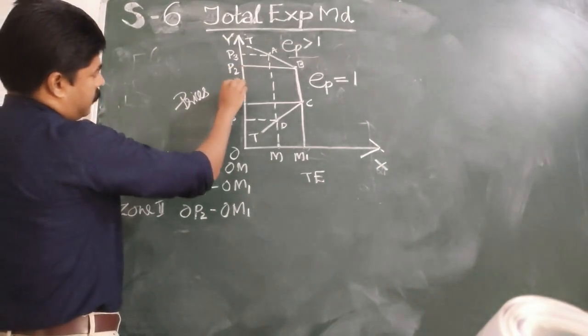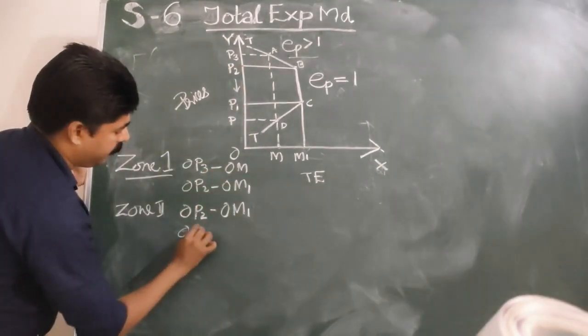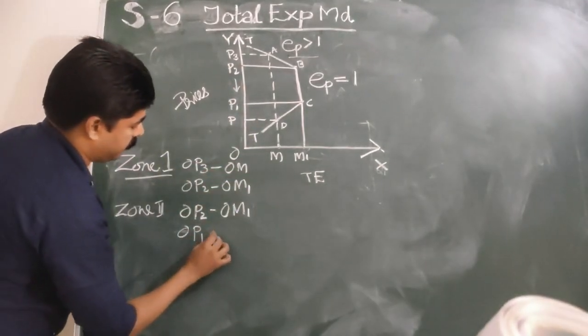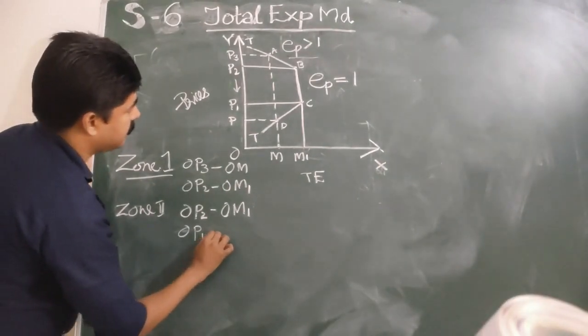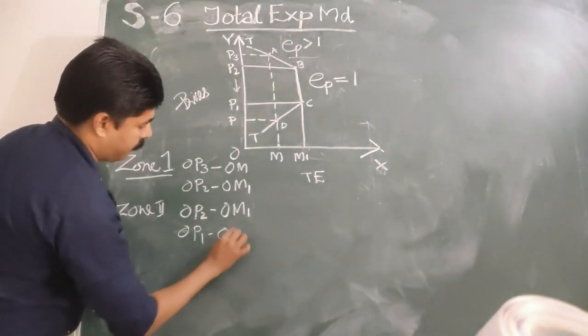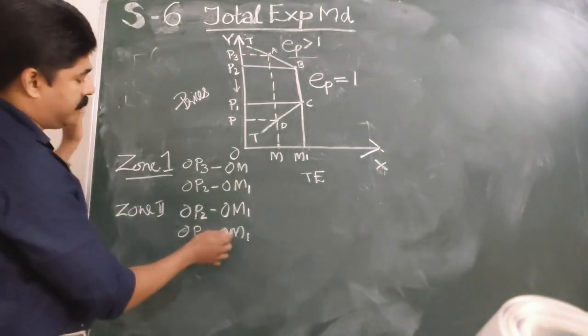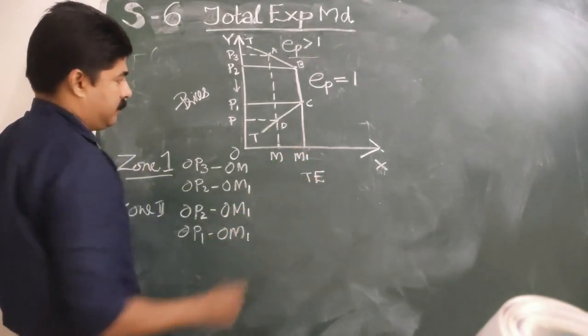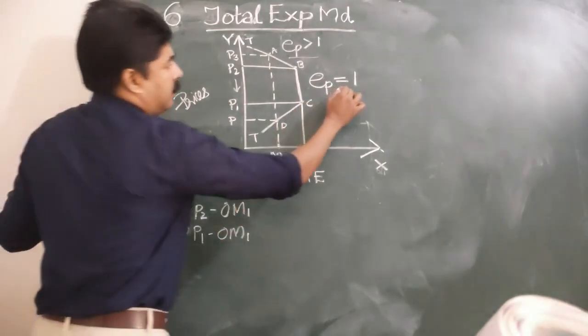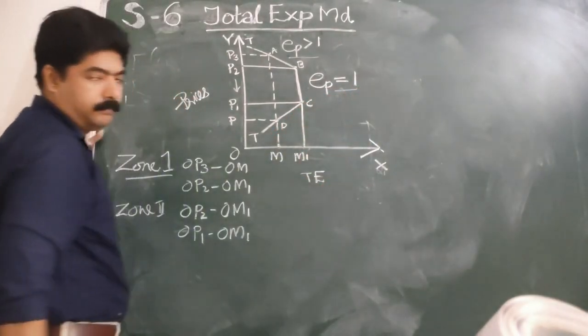When the price falls to OP1, we will also see quantity is OM1. There is no change. No change means equal change, in that case total expenditure is constant. And that is why it is unitary elastic.